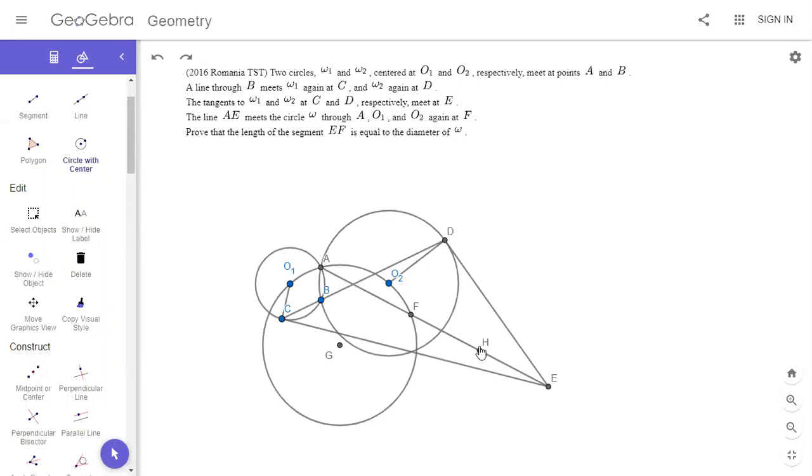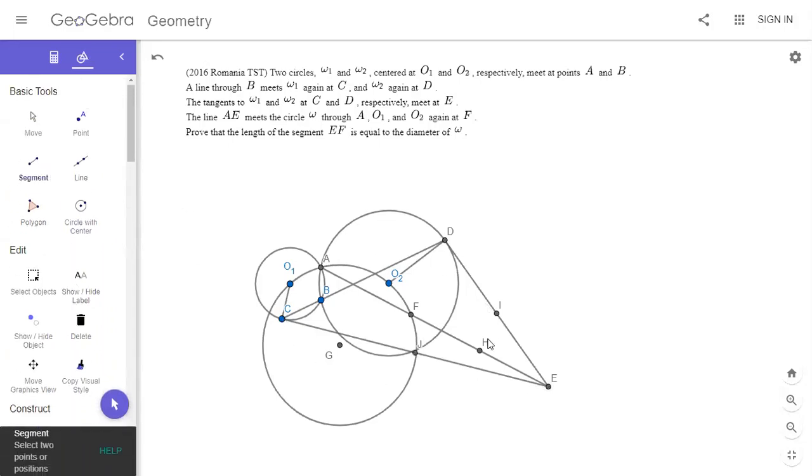Yeah, how do we use the midpoint? So one interesting thing is that if we think of E as a point circle, I'm just thinking. So IH would be parallel to DF.